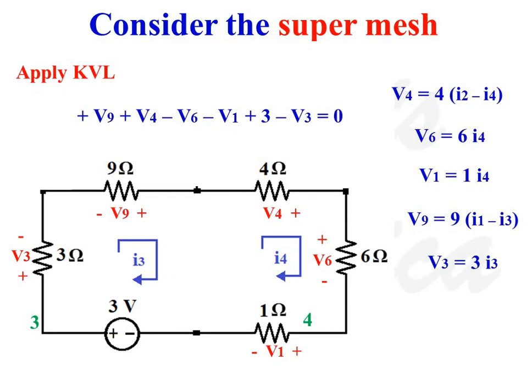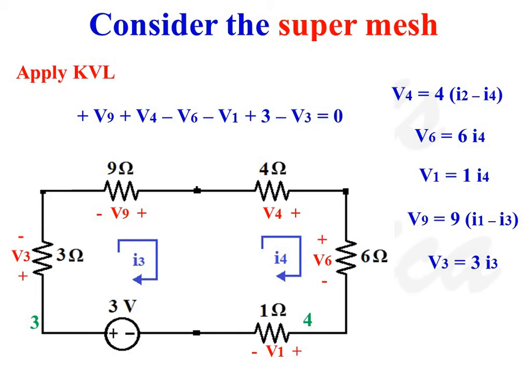Combining loop 3 and loop 4 to form a super mesh, which consists of 6 voltage terms: voltage drop across 3 ohms resistance V3, voltage drop across 9 ohms resistance V9, voltage drop across 4 ohms resistance V4, voltage drop across 6 ohms resistance V6, voltage drop across 1 ohm resistance V1, and the independent voltage source of value 3 volt.